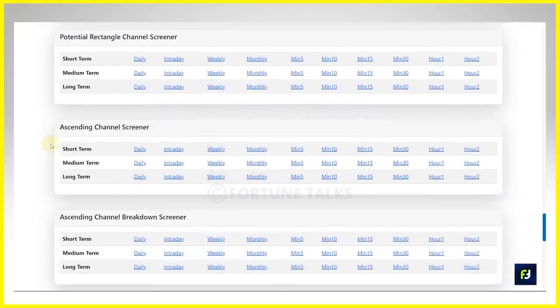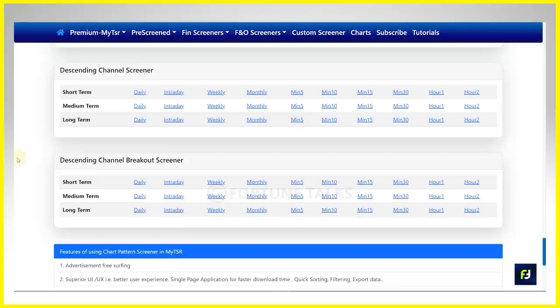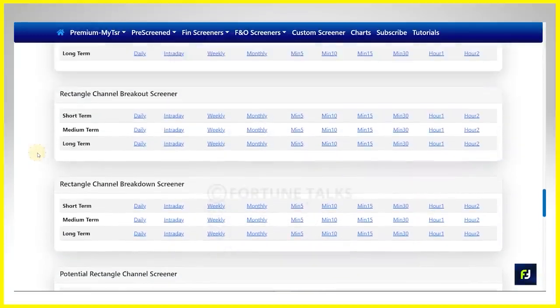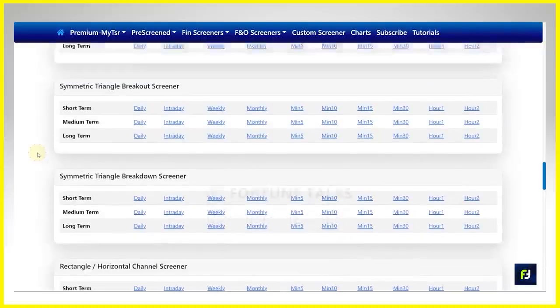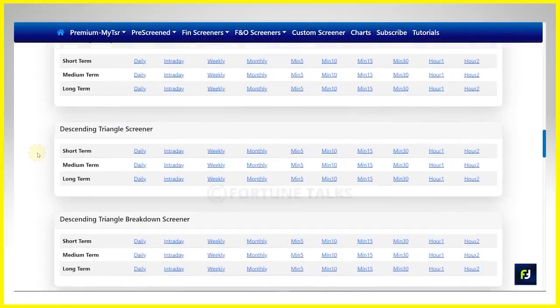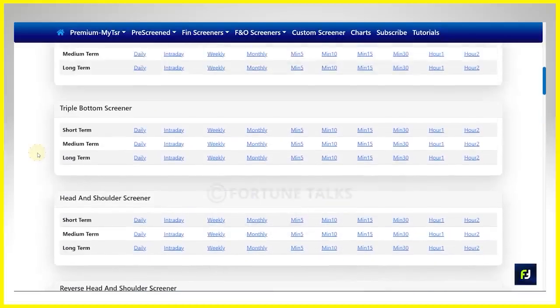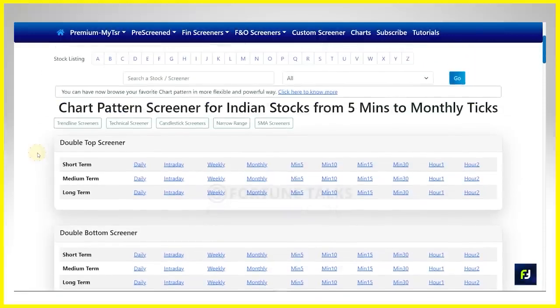But here also a few patterns are missing, like flags, pennants, wedges, broadening patterns, etc. But I think this is more than enough because I majorly focus on triangles, channels, rectangles, and sometimes head and shoulder patterns. So if you are someone who is interested in the patterns not mentioned in this screener, then you can skip to the next section of the video.